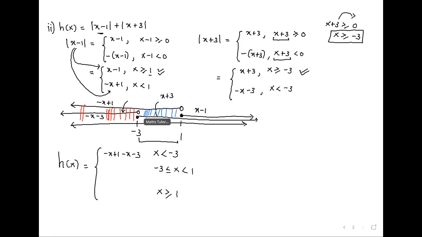We add them again, -x plus 1 plus x plus 3. Then on the right, here, we add x minus 1 plus x plus 3.